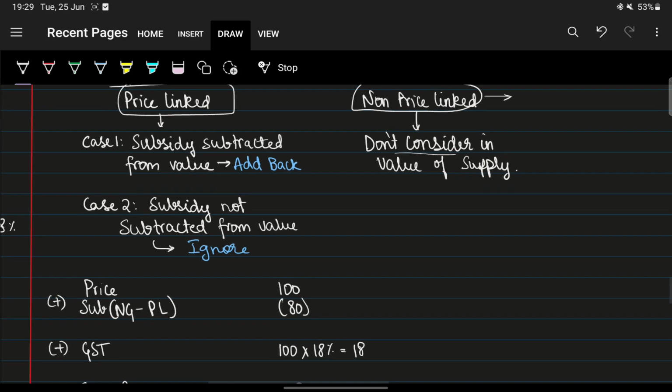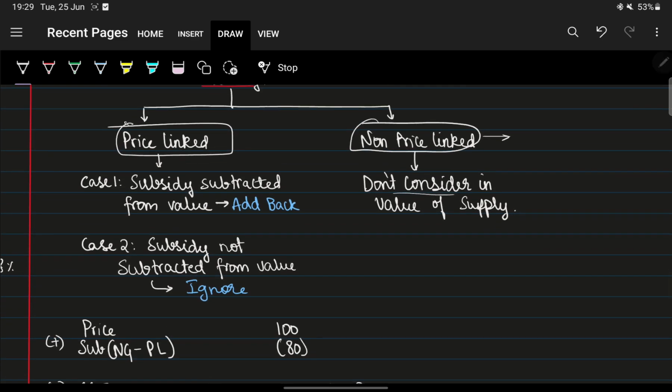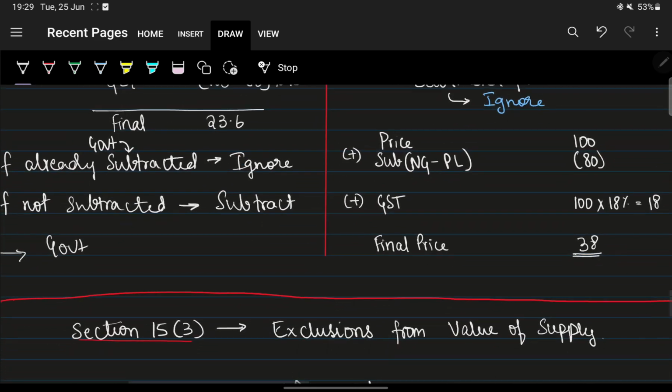Next, in this case 1, if it is a non-government subsidy, and the subsidy is already subtracted from value, should we subtract it? No, we should not subtract it, so we will add back. If it is already subtracted, we will add back. But in the case of government subsidy, what did we do?